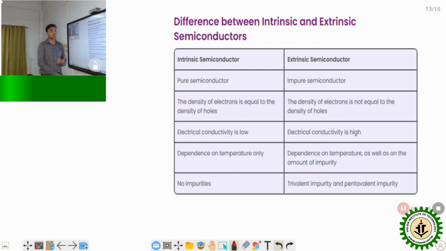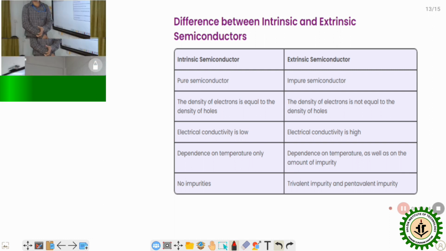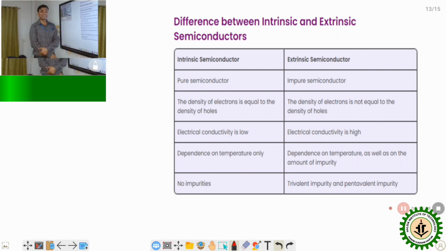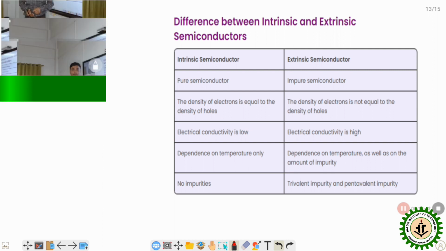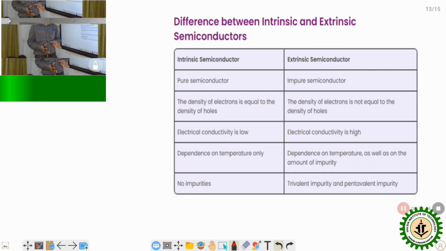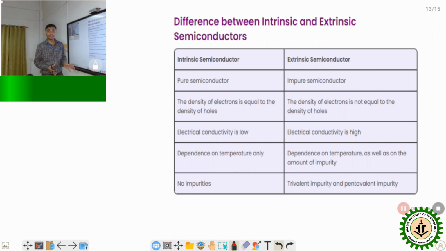Intrinsic is also known as pure semiconductor, and extrinsic as impure semiconductor, where some dopant is added to silicon and germanium. Electrical conductivity is low for intrinsic semiconductors, whereas for extrinsic semiconductors, it is high.